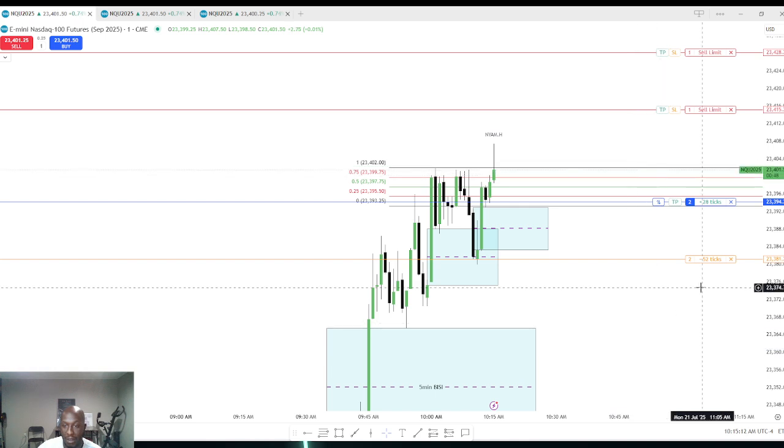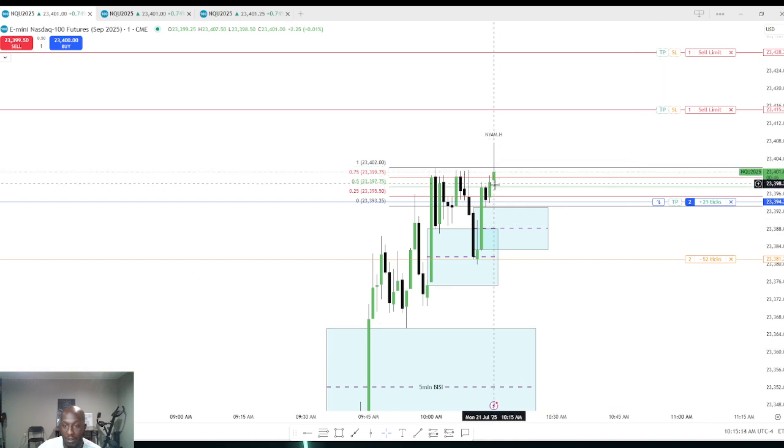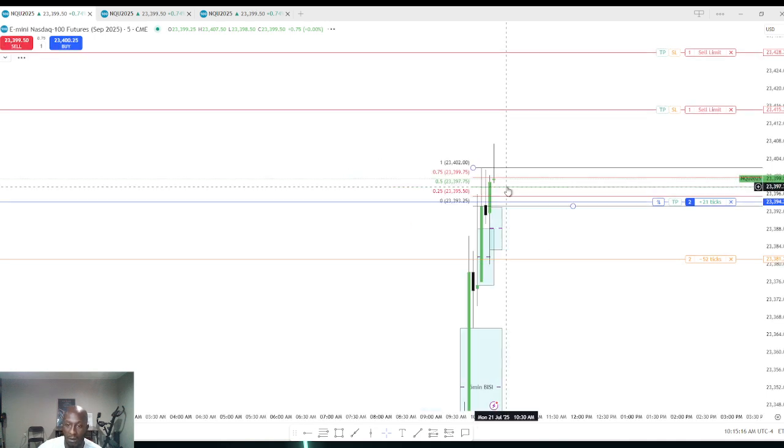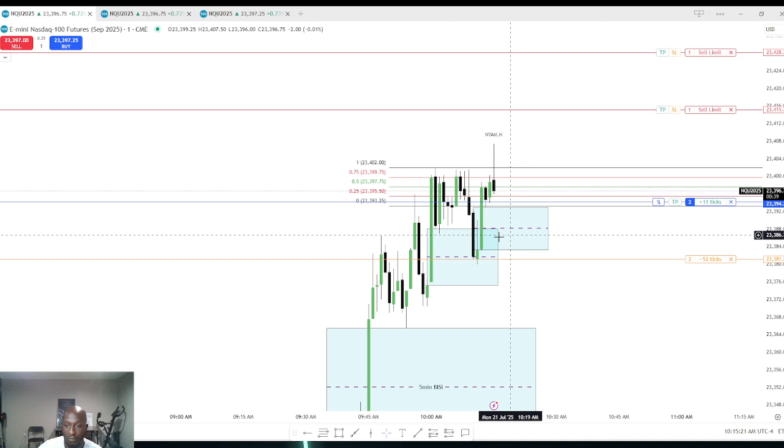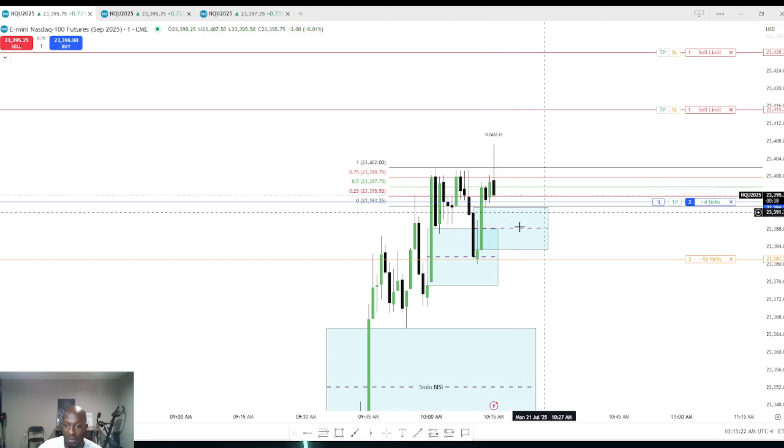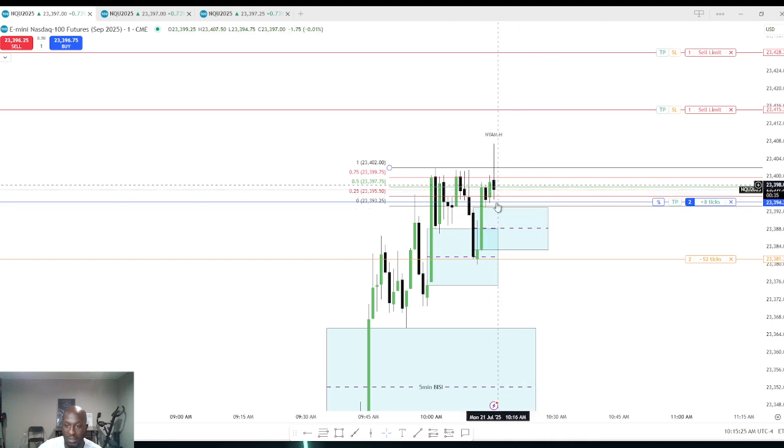Just made another high. We're up above consequent encroachment of that 5-minute wick. We could retrace down into here. Like I said, I don't ideally like that. I would like to see it stay above this 50.